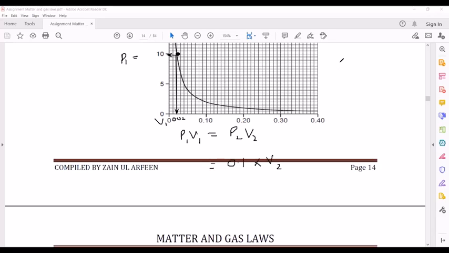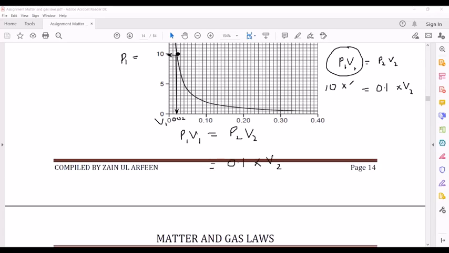Because I want to use the formula P1 V1 equals P2 V2. In the question they ask, what is the volume when the pressure is 0.1 megapascal? But we don't know P1 and V1. So to get the first pressure and first volume, I can take any value. So I took, for example, 10 megapascal as my first pressure.